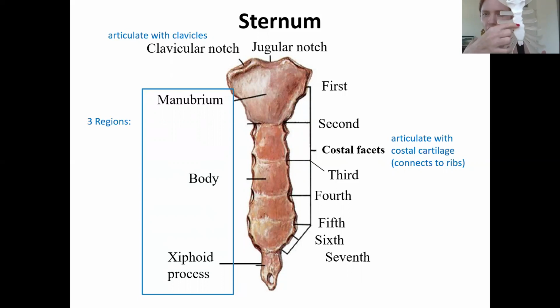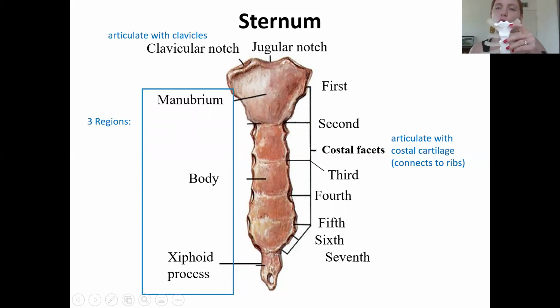So this part right here, what I call a region, this is the body of the sternum. And then this part right here that kind of sticks off at the end, that's called the xiphoid process. But notice that the xiphoid process is spelled with an X, not a Z. Okay, so manubrium here, body there, xiphoid process at the end.